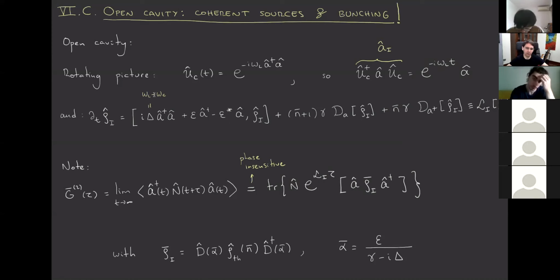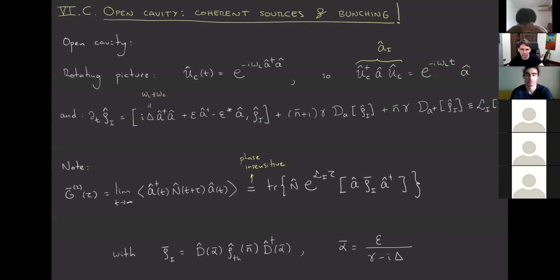So now it's very nice, because we have our master equation with a time-independent Lindbladian. We have our two-time correlation function as a function of the steady state of that master equation and the evolution induced by that Lindbladian. And we know the steady state, which has a very simple form. It's just a displaced thermal state, so it's a Gaussian state. Okay?